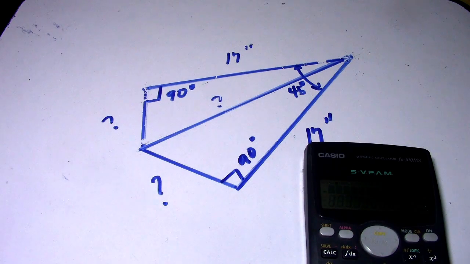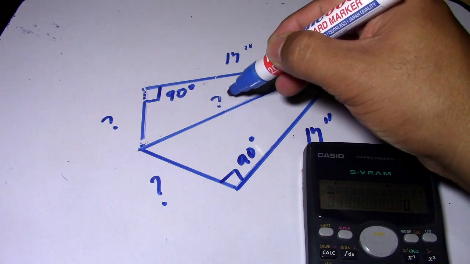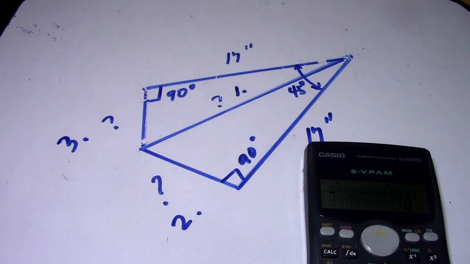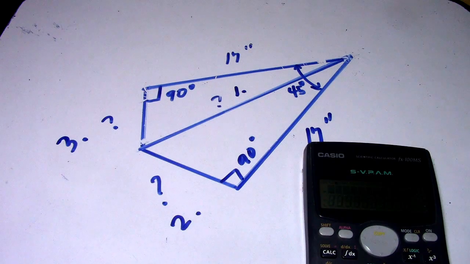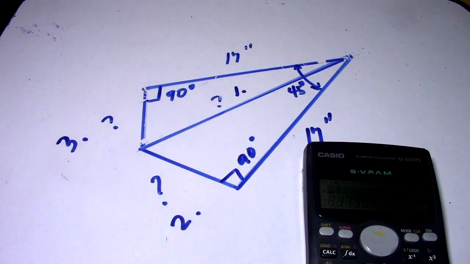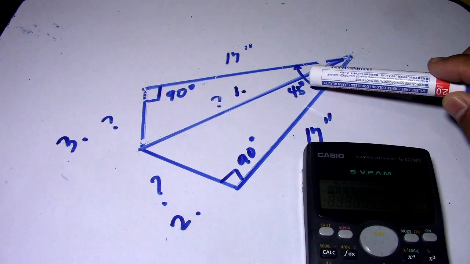So first we will compute these questions: number 1, number 2 and number 3. To get number 1, we have a given of 45 degrees and a 90 degree corner. The first procedure is to know the constant 1.414.